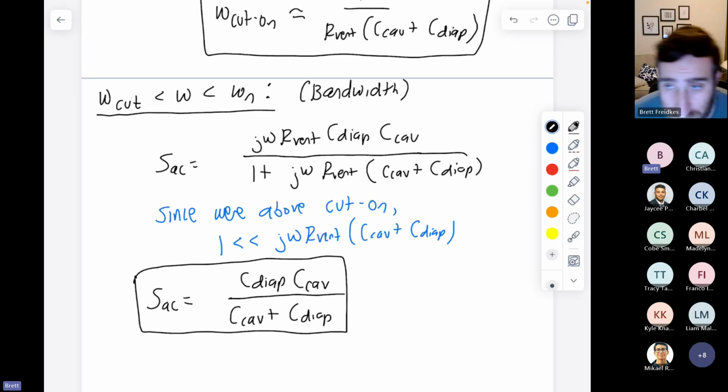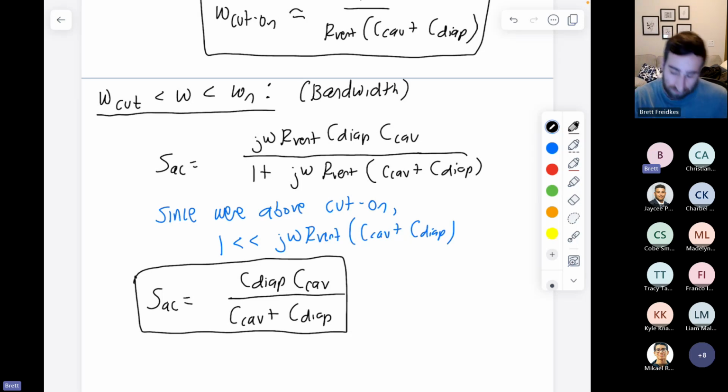And we discussed in the past how the bandwidth is our 1 over K, that's our stiffness dependent region. We see here that our sensitivity just depends on a bunch of stiffnesses. It depends on the stiffness of the diaphragm, because if it's really stiff, it's hard to bend. And it also depends on the stiffness of the cavity.